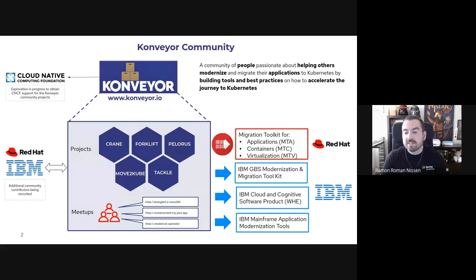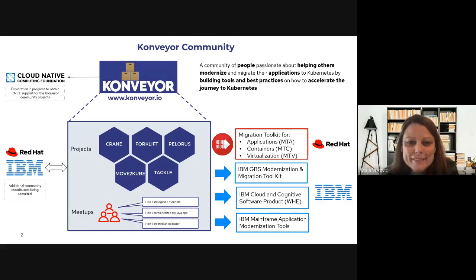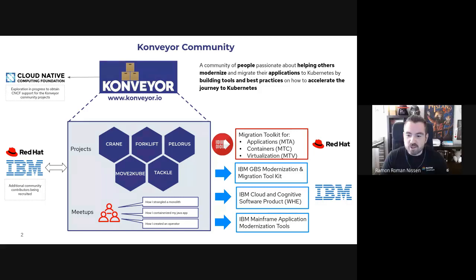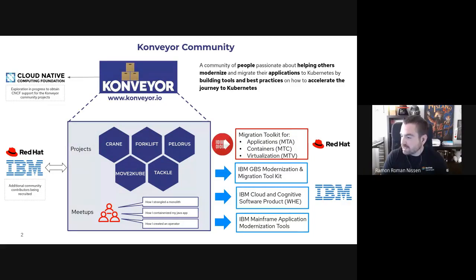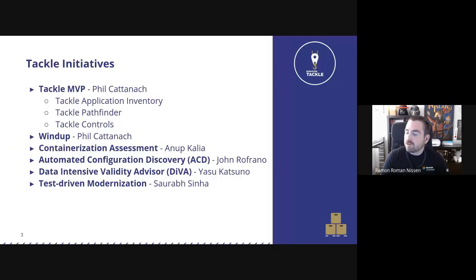On the IBM side, allow me to introduce you to Maja Bukovic and Jean Ikes. Hi, guys. Hi, Ramon. Hi, everyone. Thanks for the intros. Jean, are you there? Yep. Okay, I think Jean has something to share with us about the different initiatives that we have under the Tackle umbrella. Go ahead, Jean.